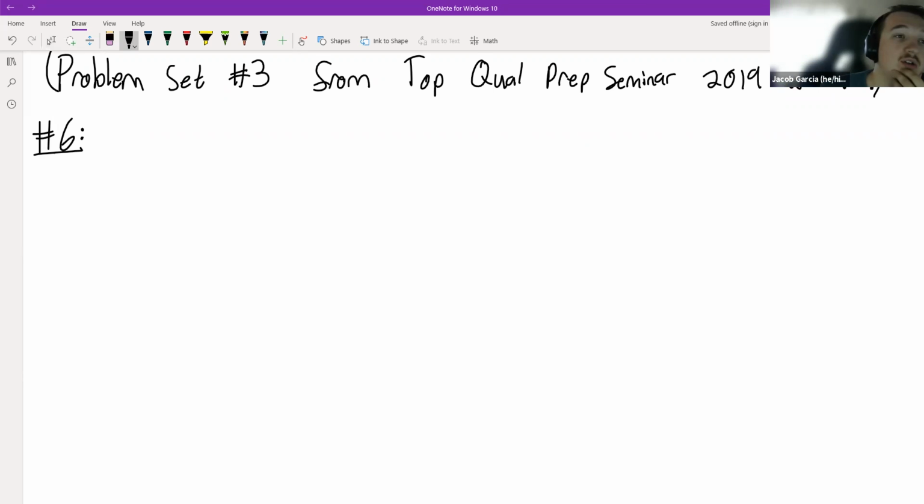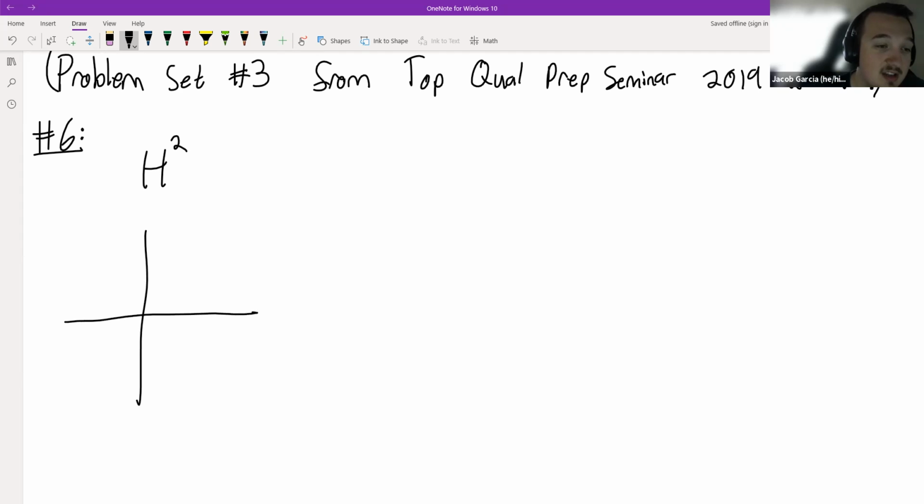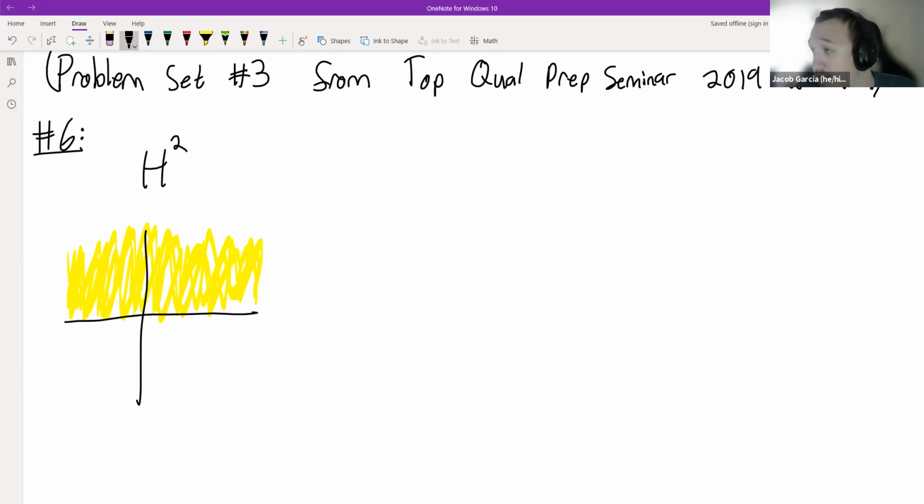Okay, so yeah, I'll sketch an idea maybe. So let's just draw 2 half space. Right, 2 half space is saying that the second coordinate is positive, so 2 half space is this stuff up here. And in the problem, we have an embedding.